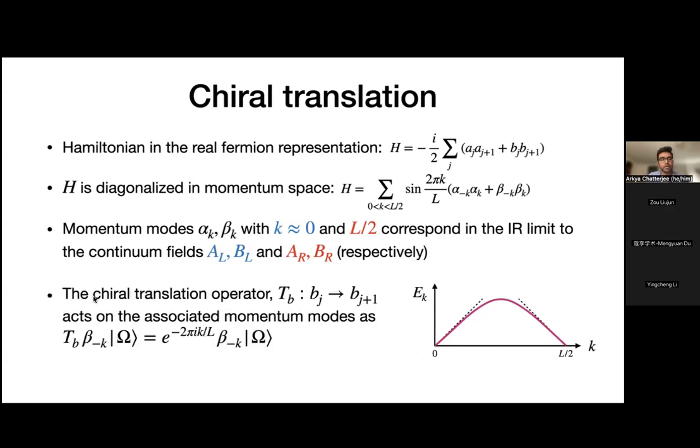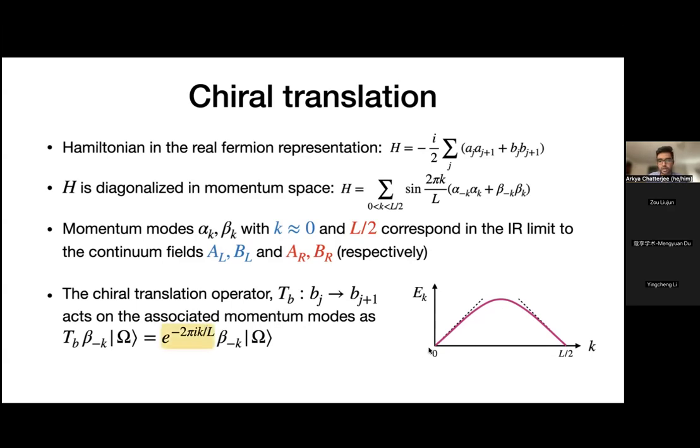And now if we look at how the chiral translation operator, T_B, which shifts only the B fermions by one site but not the A, acts on the momentum modes of these B fermions, it turns out that it acts by this phase here.